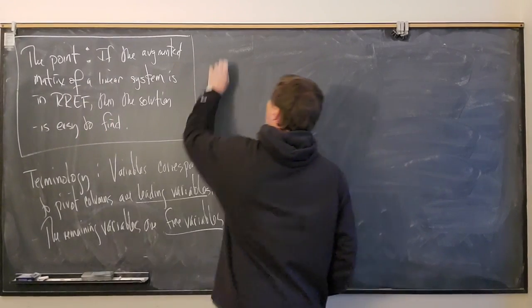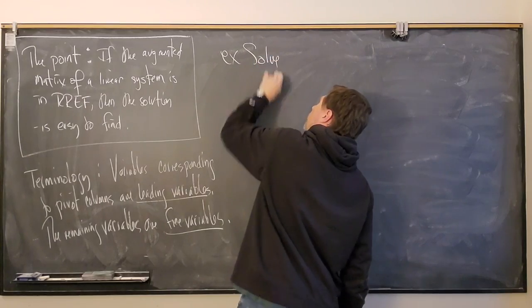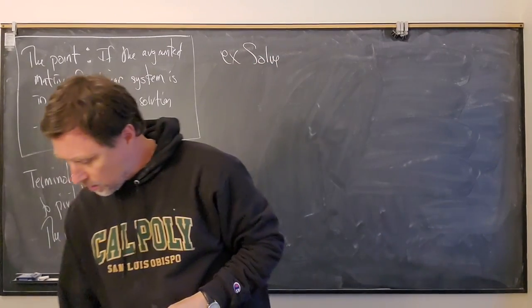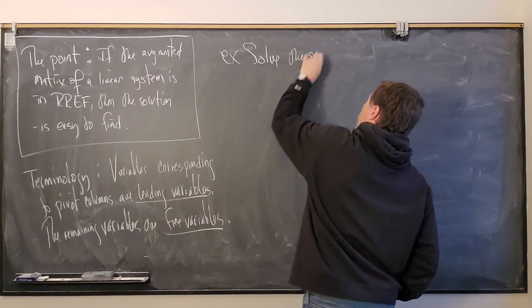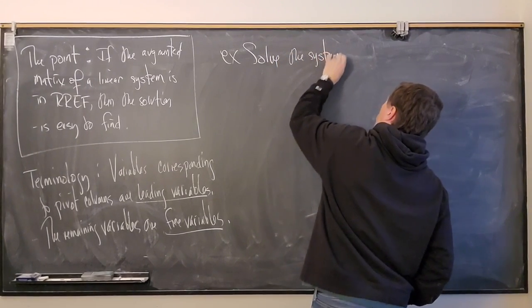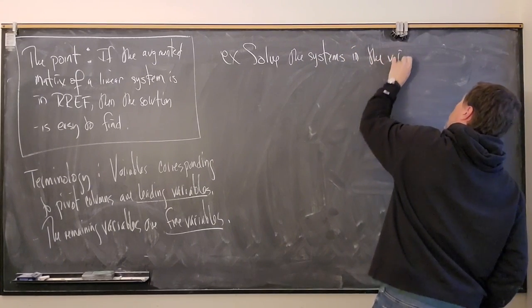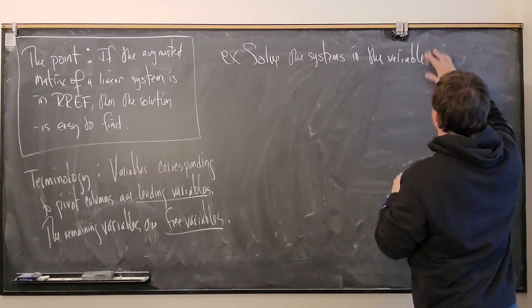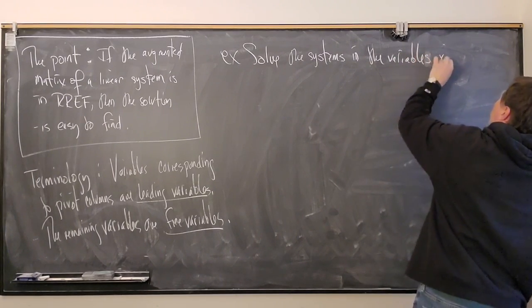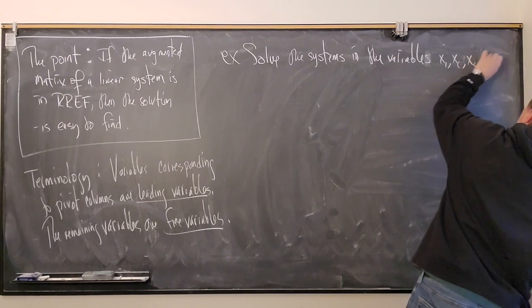All right, now I want to do some examples, and the instructions will be the same all the way. Let's solve the systems in the variables x1, x2, x3, and x4.